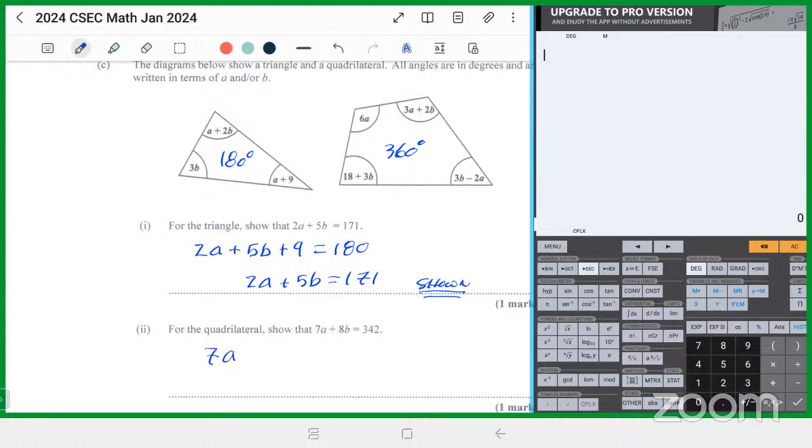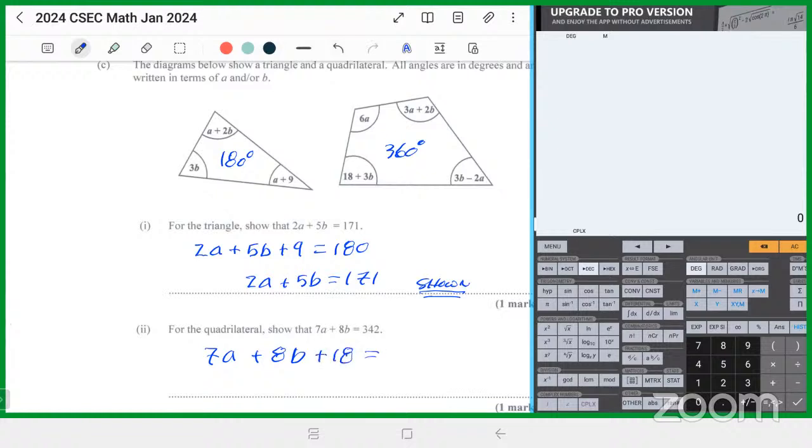And then if we add up the terms in b, it will be this one and this one. So these two will be 6 plus that one is 8. So the sum of the b's is 8b. So we're adding the 8b. And then the only value number there is 18. So we're going to add the 18.